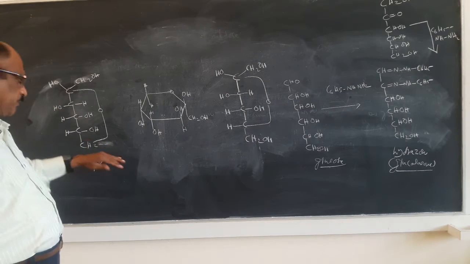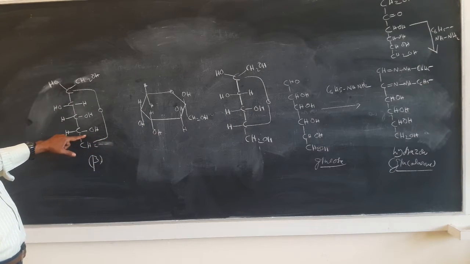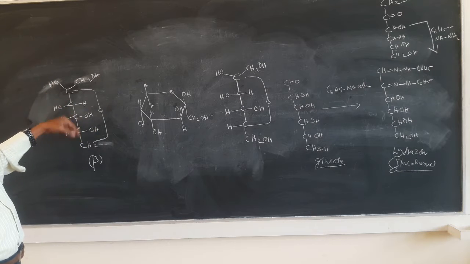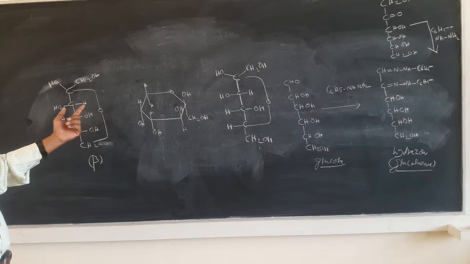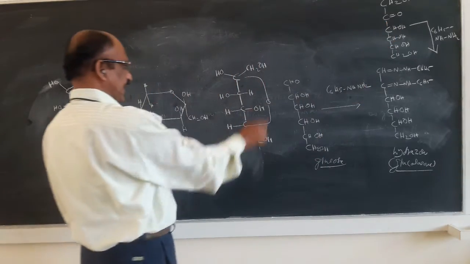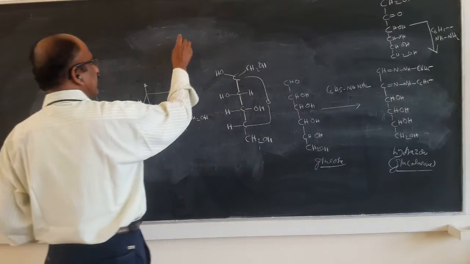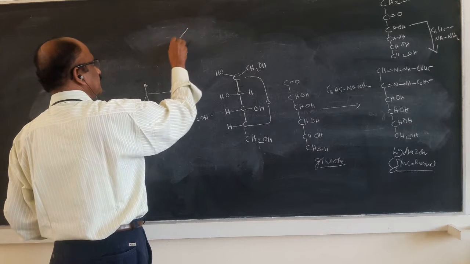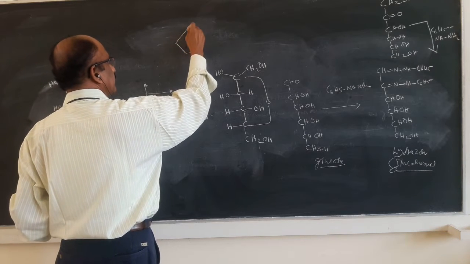The lower part should not be disturbed, and this hydrogen should be shifted to this oxygen. And you write it like this. So this you can write as a 5-member ring system.